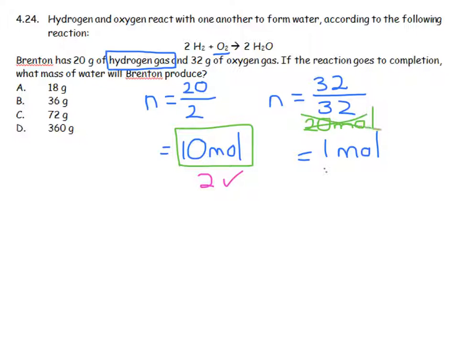I don't have 20 moles of oxygen, so I'm going to have to be limited by the number of moles of oxygen that I've got, and then I'm going to take the mole ratio, which is 1:2 between oxygen and water, or 2:2 between hydrogen and water.